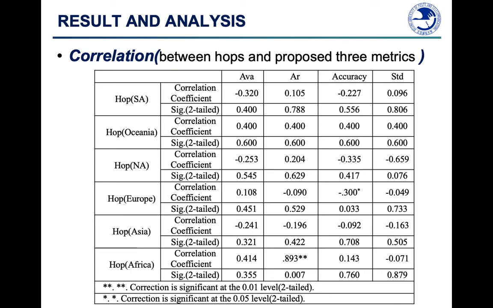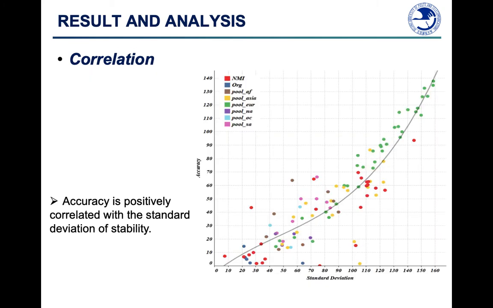The number of switching nodes that the transmission link passes through has no effect on availability, stability, and accuracy, because if the performance of the switching devices is excellent, the switching time from packet to devices is very short and can be ignored. As shown in the scatter plot of accuracy and standard deviation, the accuracy is positively correlated with the standard deviation of stability.